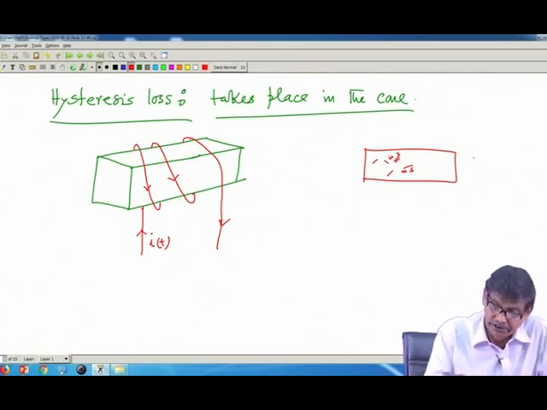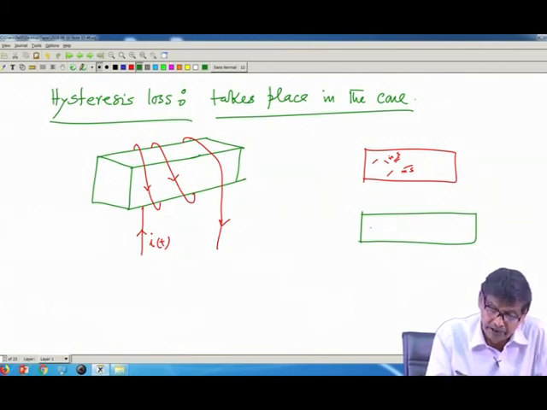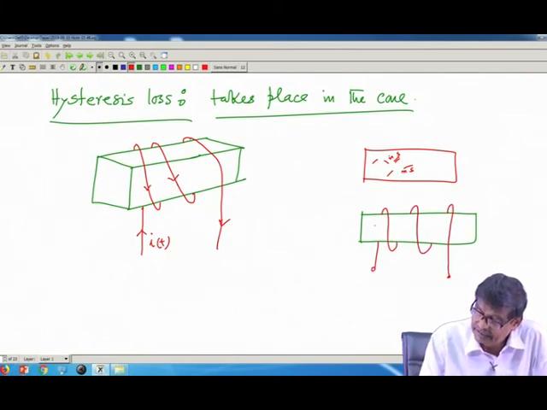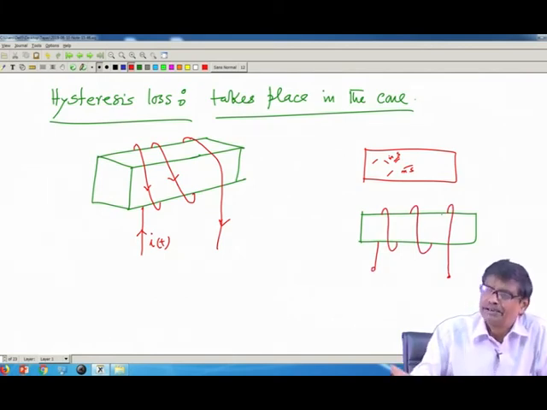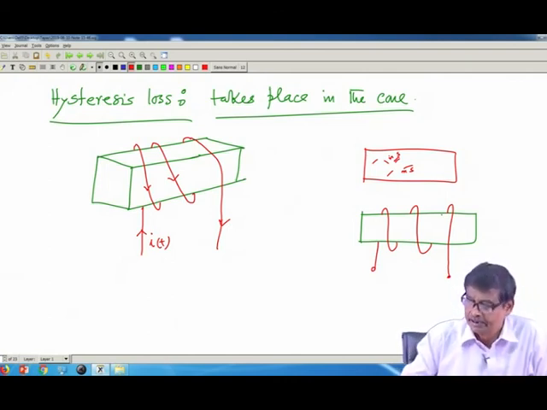I will draw a sectional diagram now. Inside this there are tiny magnets which are haphazardly oriented, and we do not see any magnetism in it.